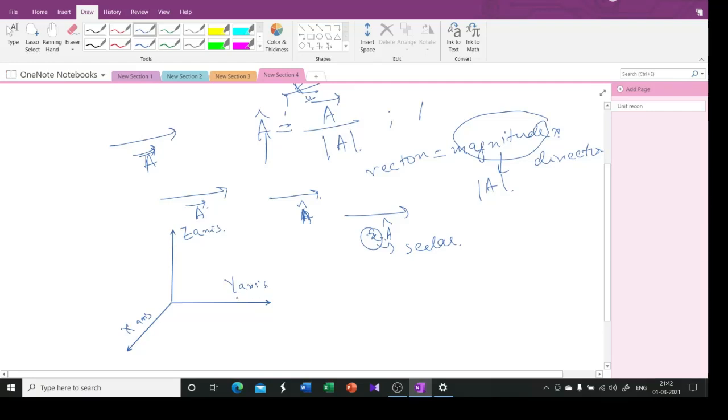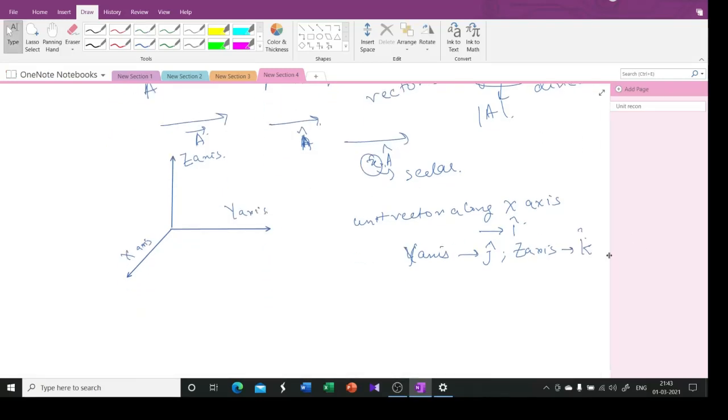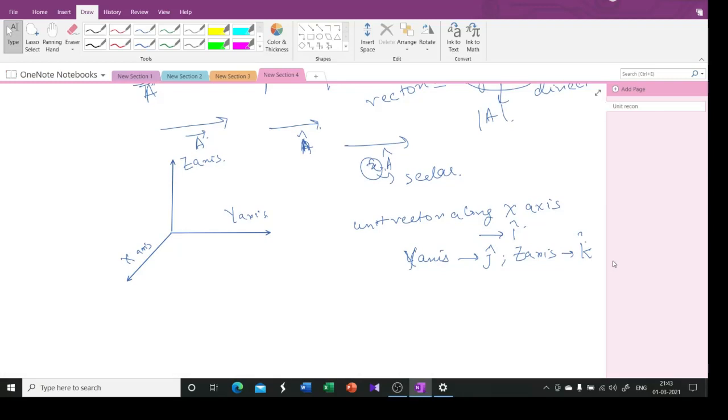According to convention, we take the unit vector along the x-axis to be I cap, along the y-axis to be j cap, and along the z-axis to be k cap. So you would say, what's the point in this? Okay, so let me show it to you simply.